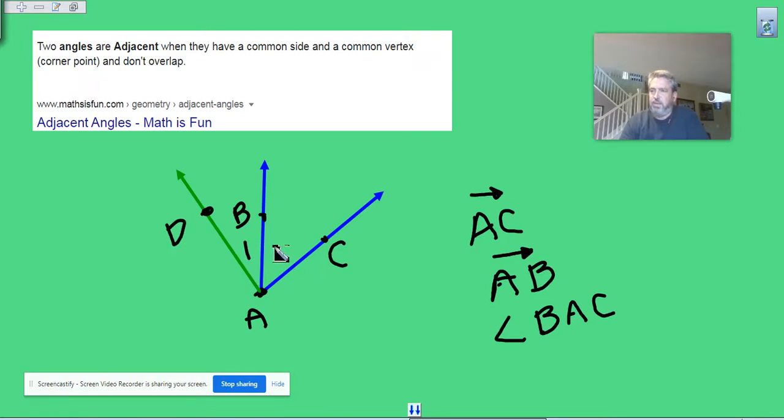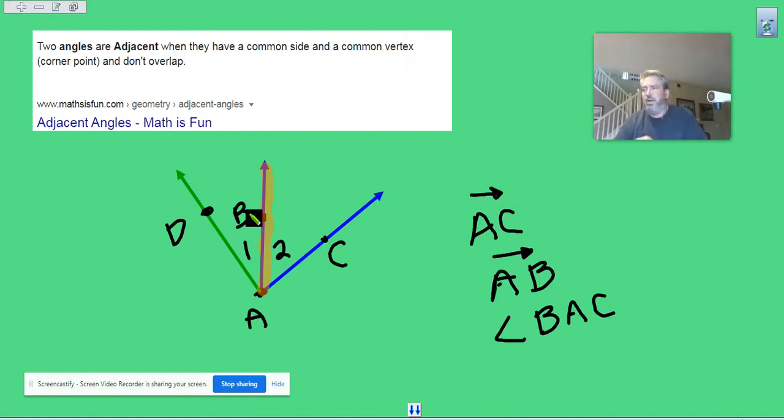Here's one, here's the other. Now, these angles share a side. I'm going to highlight that side they share. Because they share that side, they are adjacent.